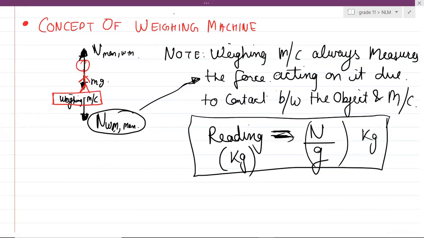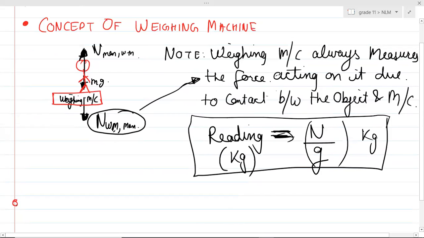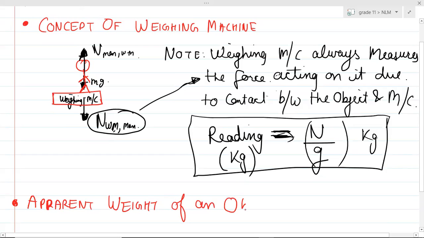So now let's talk about one more heading. Apparent weight of an object or a man in a lift.